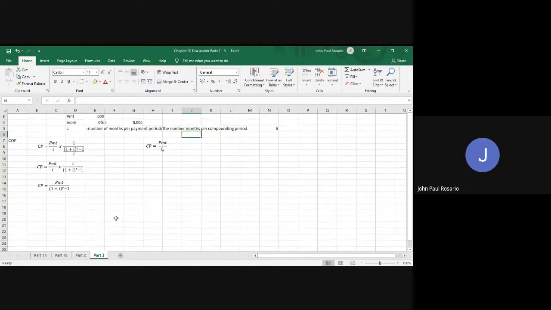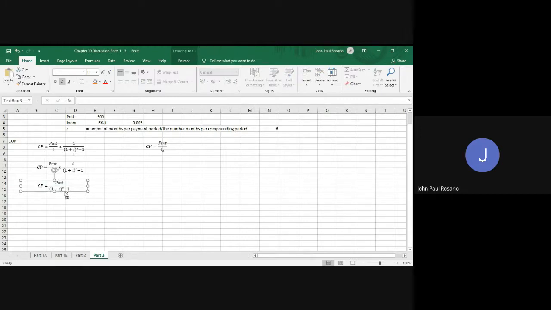With that, if we substitute our given information to our formula, our payment is 500, our I is 0.005, and our C would be 6.